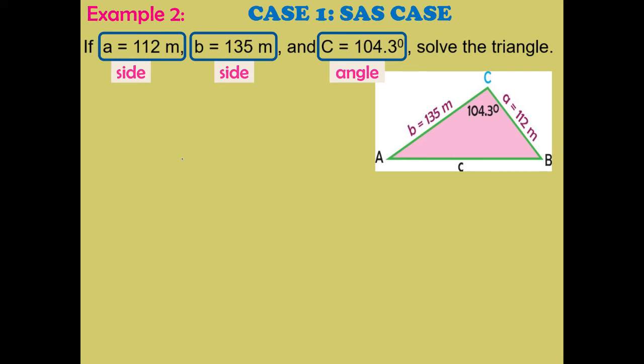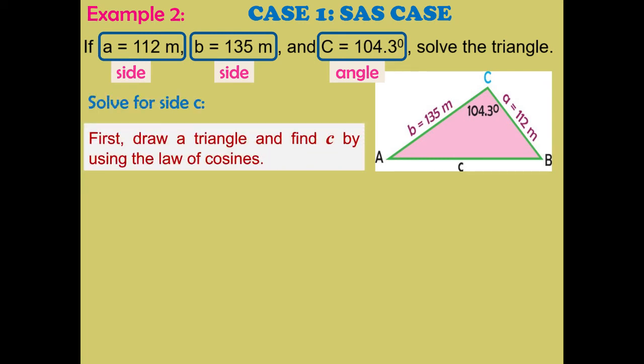Now let's solve for side C first. Here is the triangle we have drawn. Find the measure of side C using the law of cosines. We will use the formula for C squared.